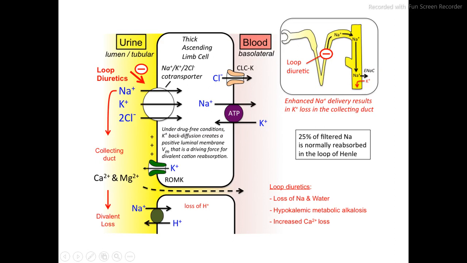So basically, loop diuretics are useful for the loss of sodium and water. They cause hypokalemic metabolic alkalosis and increased calcium loss.